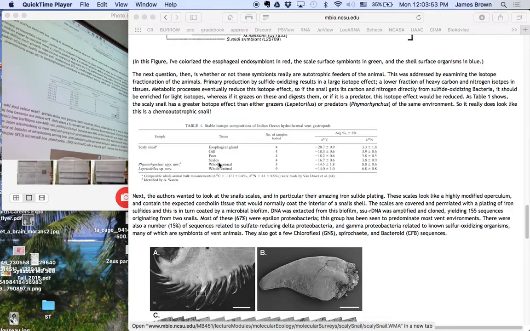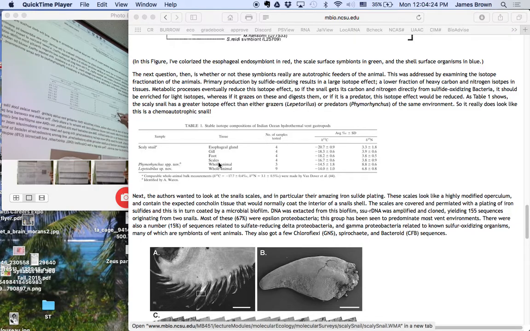And the closer to that carbon fixation it is, the greater that depletion will be. The greater this number will be negative. And so what they see is that in the scaly snail, the esophageal gland tissue has a depletion of 20%, which is easily measured.